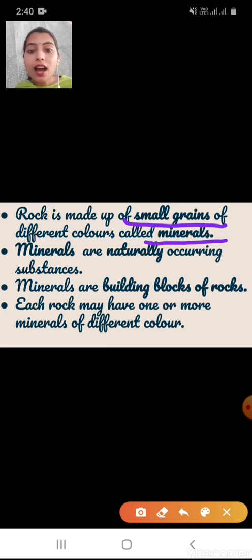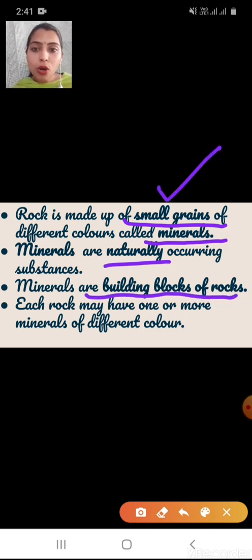And minerals are naturally occurring substances. Minerals occur naturally. Minerals are not man-made. And minerals are the building blocks of rocks. You have seen that minerals are small grains, and they are like building blocks. Small blocks are used to make a building.